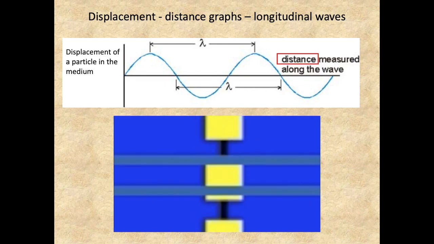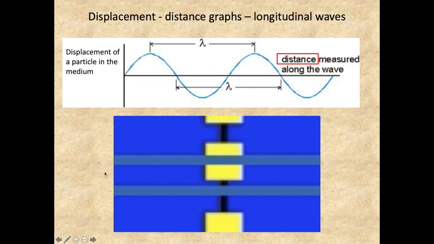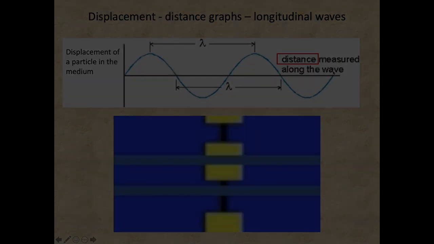So that's the tilted version. Imagine the x-axis, the horizontal axis you see in the graph above, is at that point. So as the particle moves up and down in this case, you will have exactly the same graph.